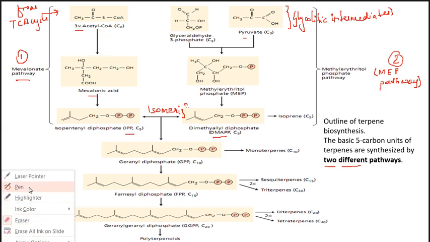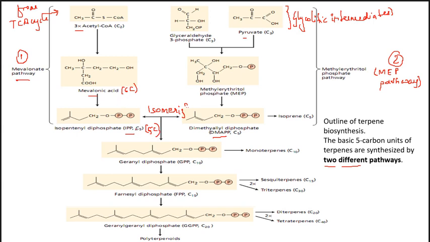Three molecules of acetyl CoA will combine to form mevalonic acid, which is a 6-carbon compound. Now this is forming IPP, which is a 5-carbon compound. IPP is C5. So how was a 5-carbon compound formed from a 6-carbon one? Here there are 3 steps involved in the conversion of mevalonic acid to IPP.